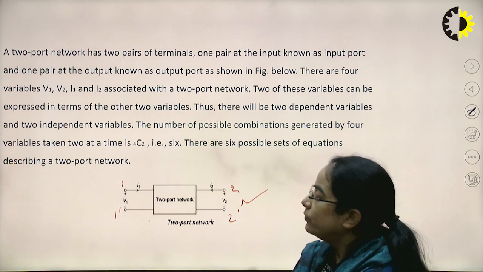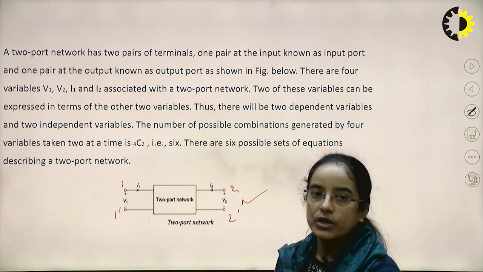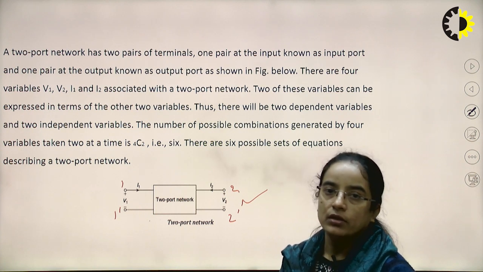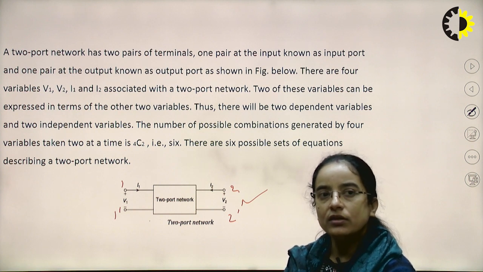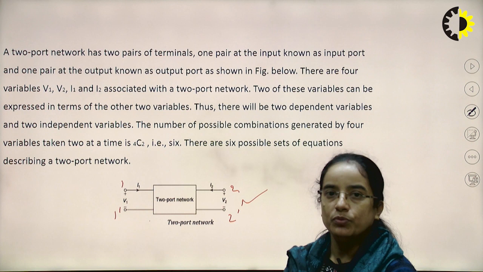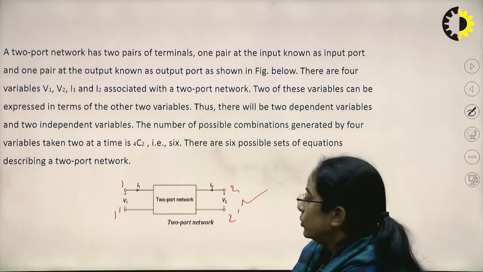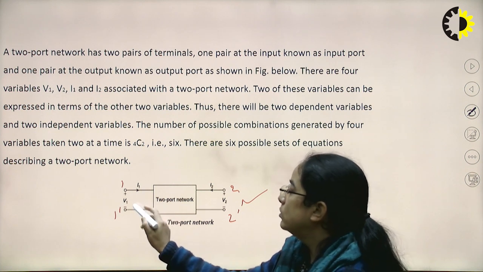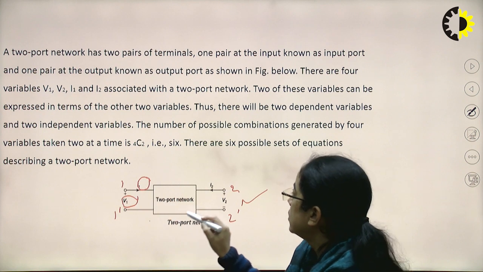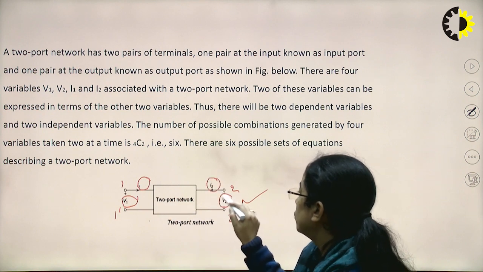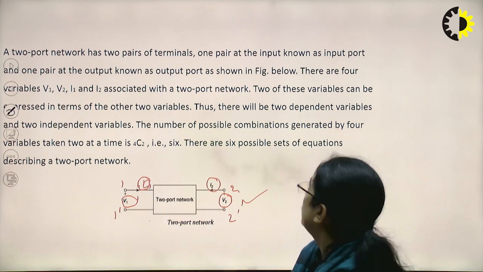One pair of terminals will be the input port and the other pair will be known as the output port. There are four variables in this diagram: V1, I1, I2 and V2.